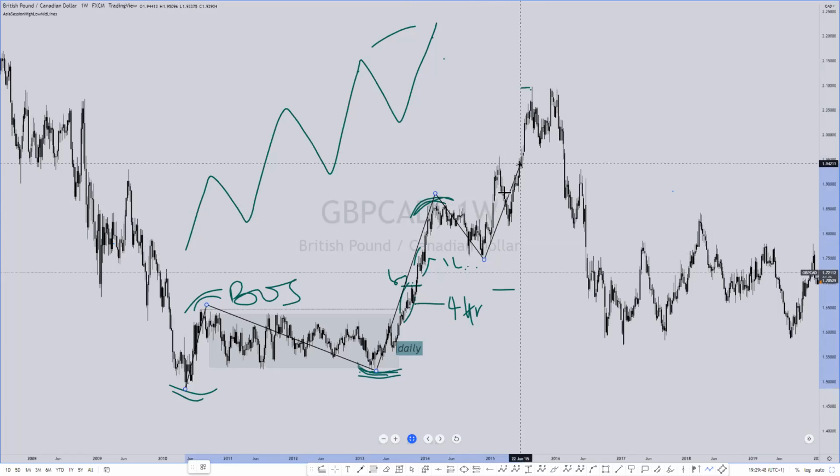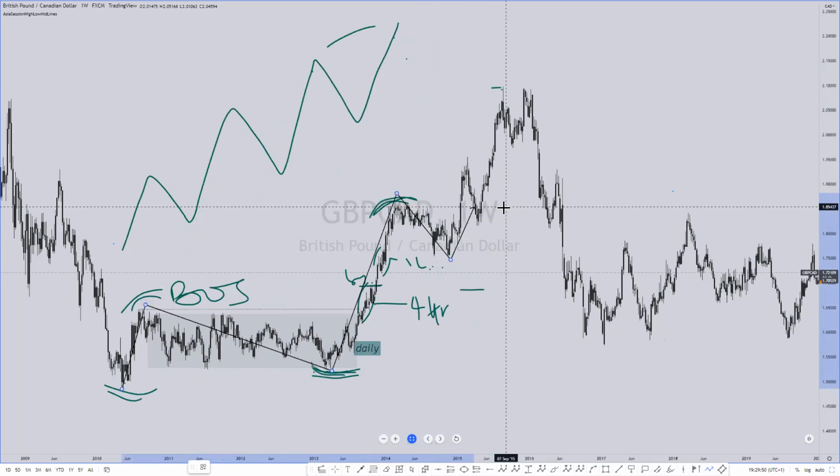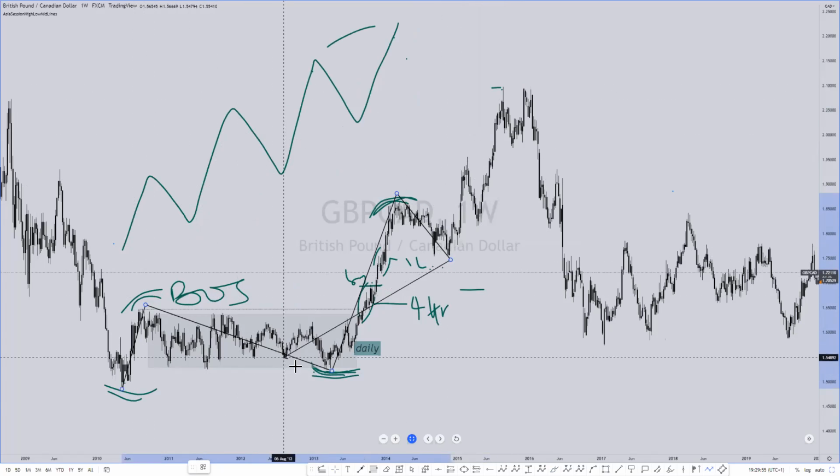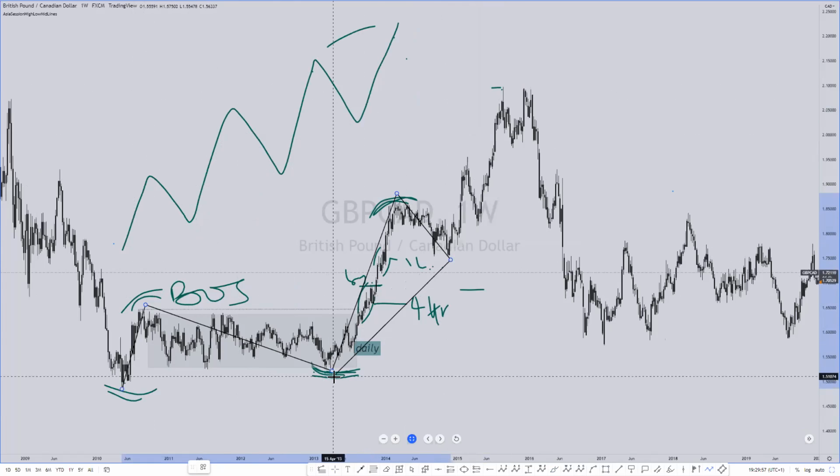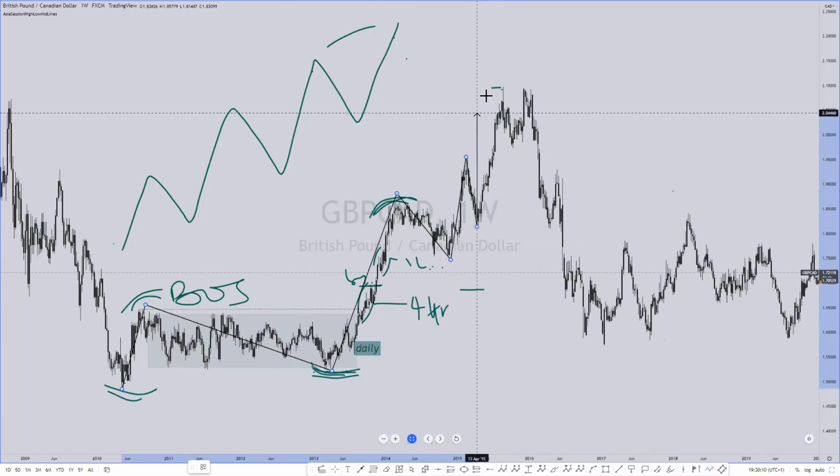I'd rather see this as a daily structure, but I will tell you why. A low, a high, a higher low, higher high, higher low. But majorly we can still count this. I can still count this if I choose. Remember, I told you it's just about reference. A higher high, higher low, then higher high.